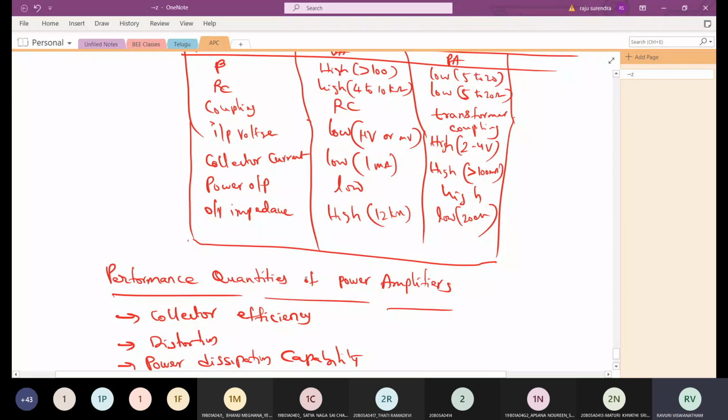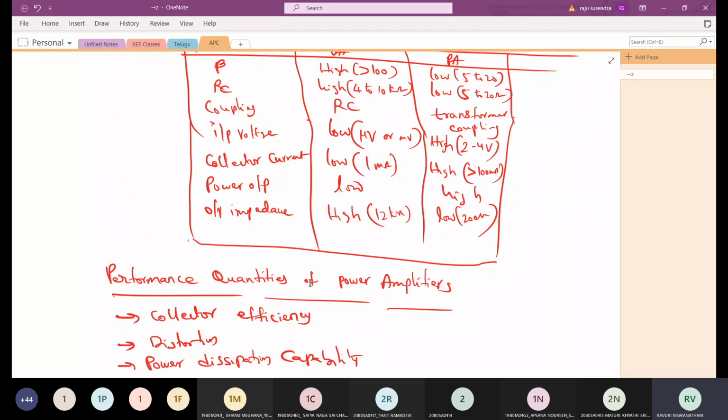I think all of you understood what is collector efficiency. Normally in an amplification process, the amplifier circuit converts AC power into DC power. Here in this case we are acquiring that DC power at the collector stage.